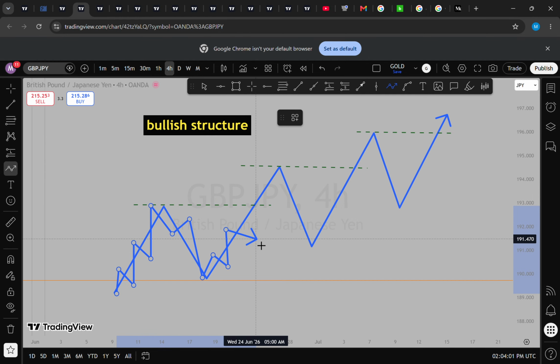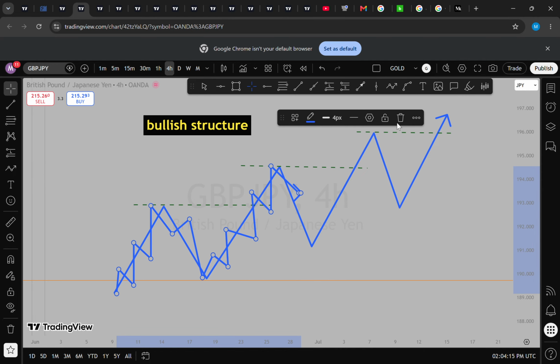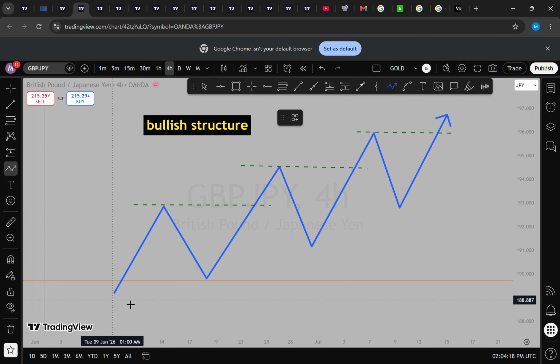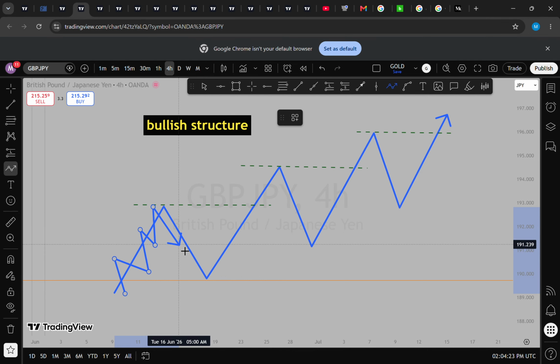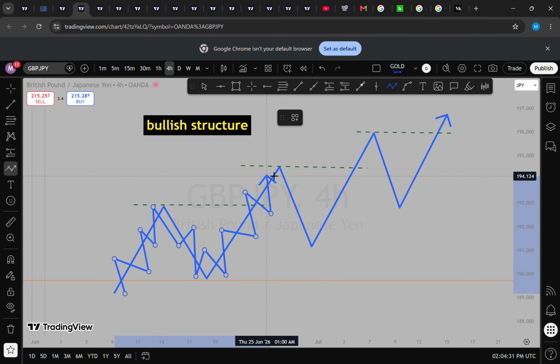You have structures inside the 1 hour in this manner. Internal structures.